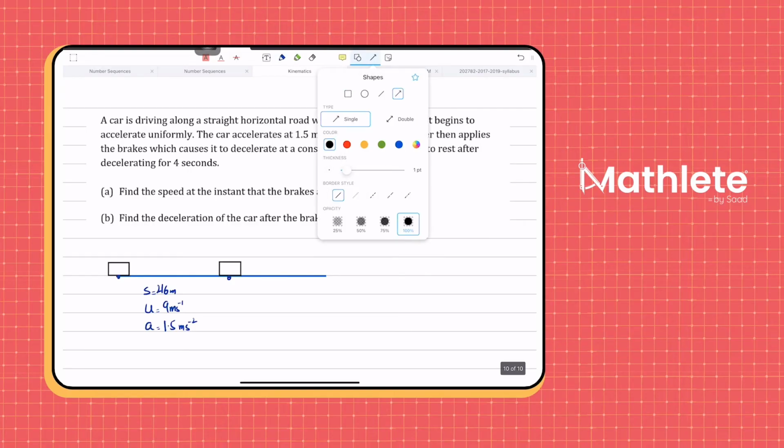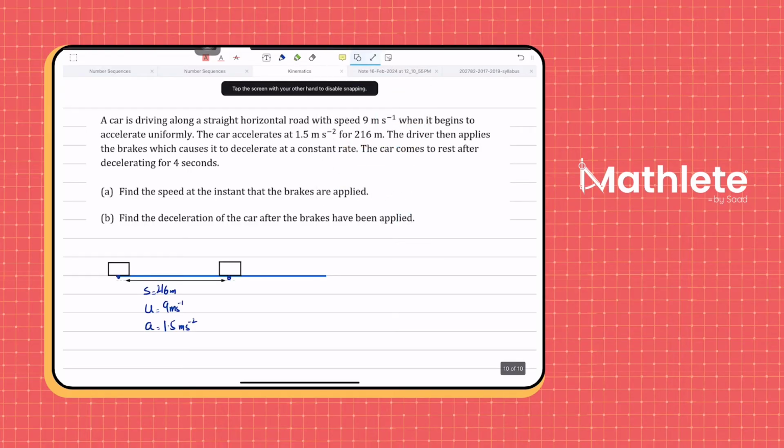All I've done so far is, if you think about it, I haven't really solved anything, but I'm pretty sure this question looks much more solvable than it did in the beginning. Now what happens as soon as the brakes are applied? This is the point where the brakes are applied.